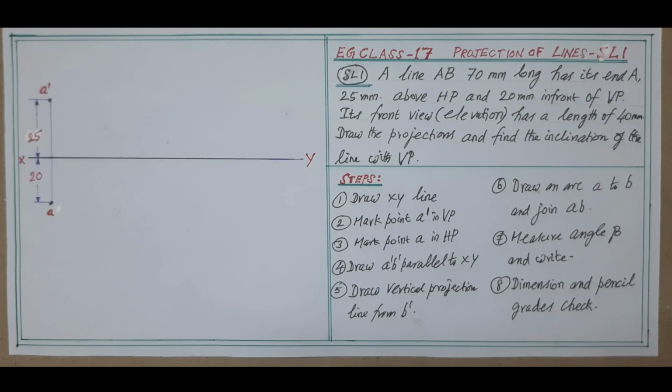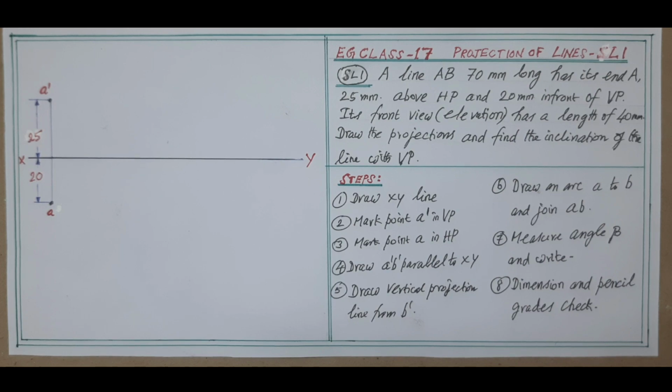Its front view, that is elevation, has a length of 40 millimeter. Draw the projections and find the inclination of the line with VP, that is the vertical plane.